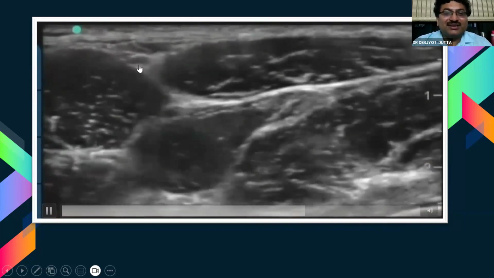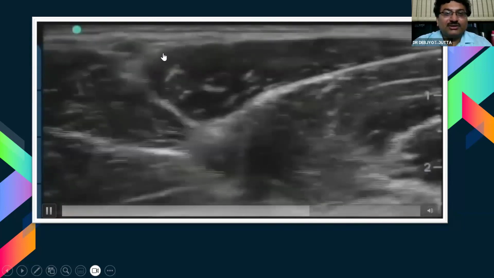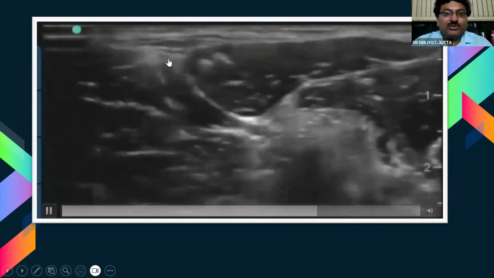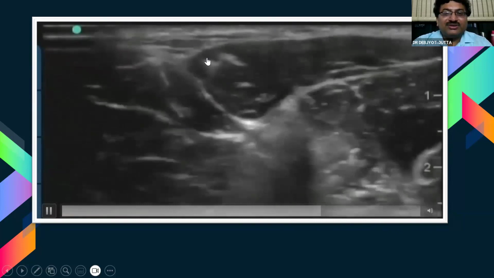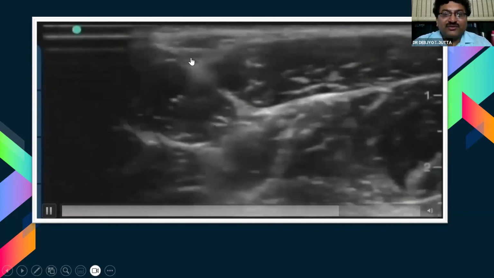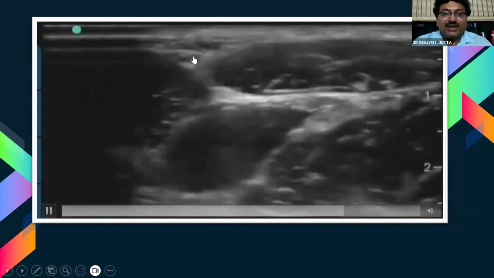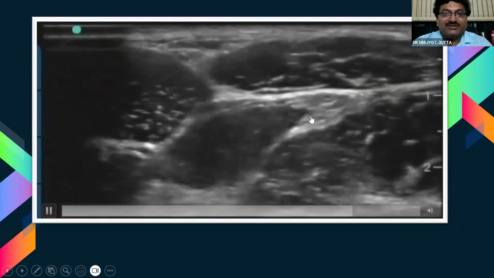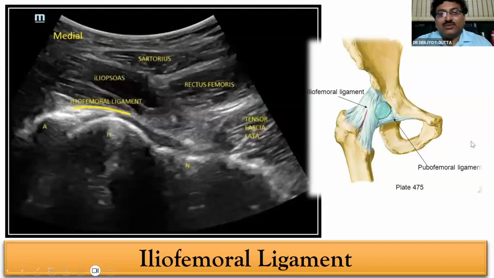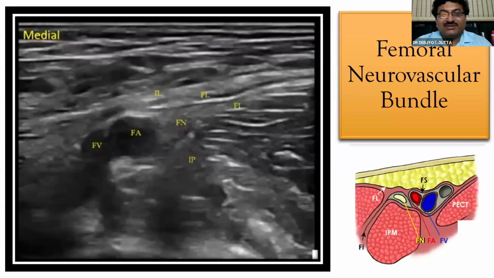You can see this is the nerve here, this point. At this point we'll be able to see the hypoechoic nerve. Sometimes a honeycomb pattern is also observable. We'll be able to see the lateral femoral cutaneous nerve. Here it is. So that is how we have to identify the lateral femoral cutaneous nerve.